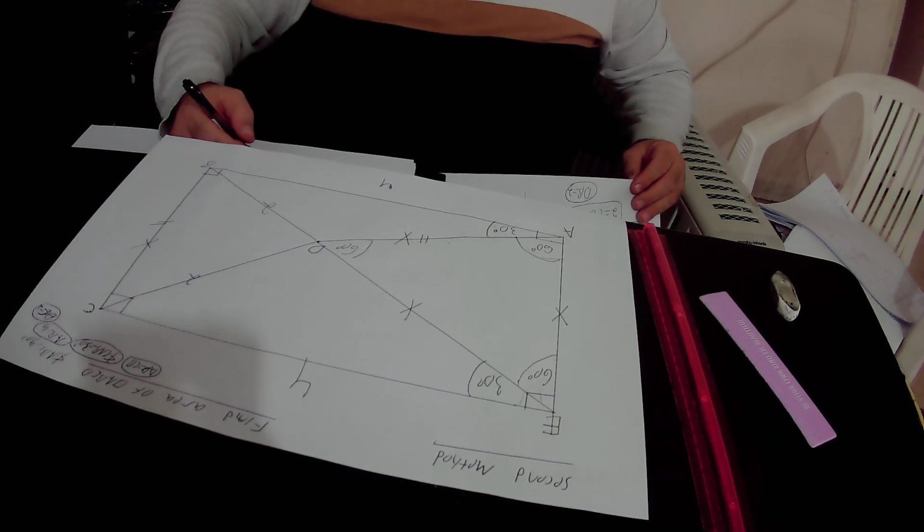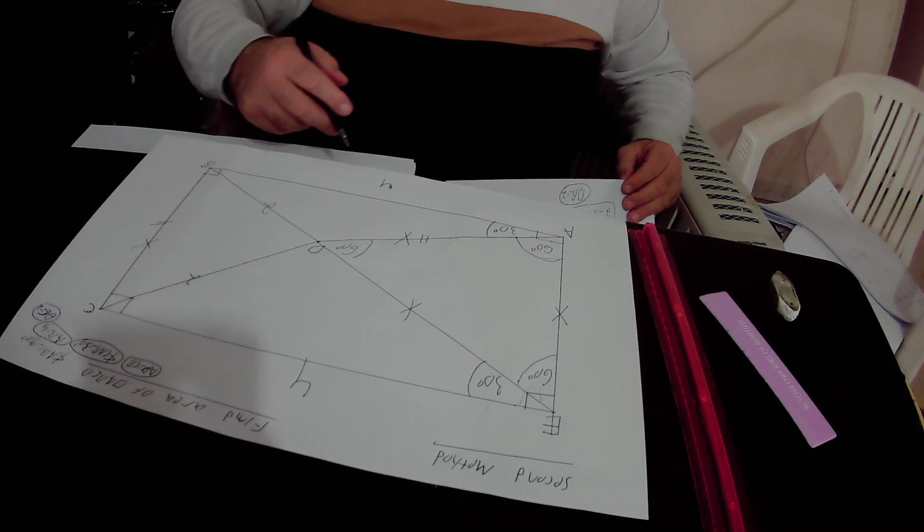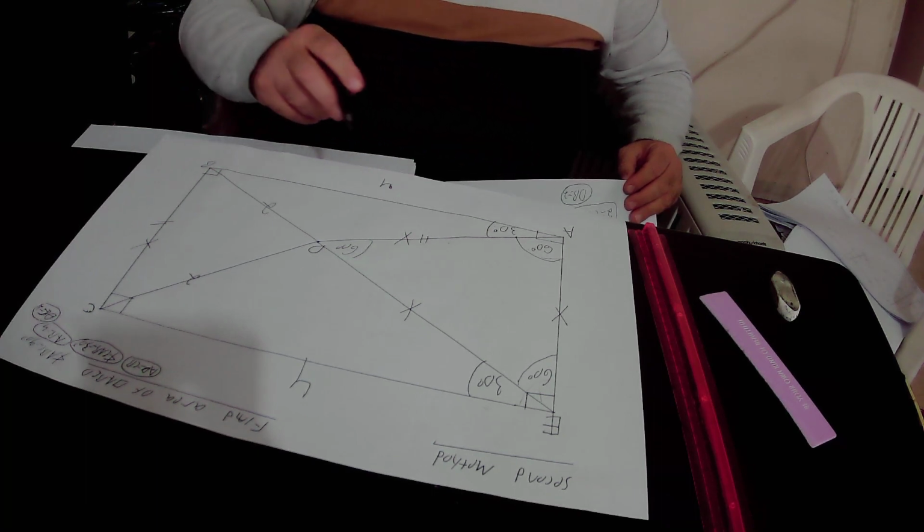So in the next step, we will implement the law of cosines on triangle ADB.